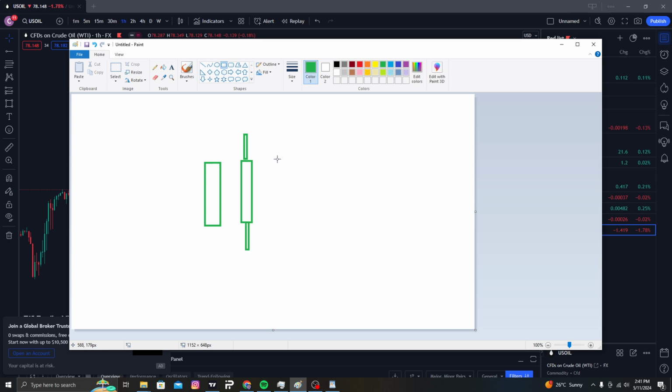The third time it touches that level, it creates something like this. The fourth time, it creates something like this, right? And the other time it touches that level, it creates something like this.